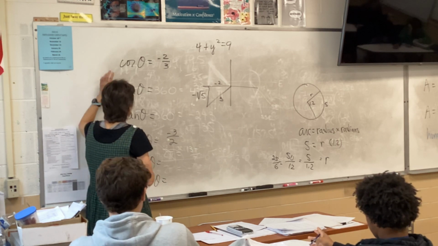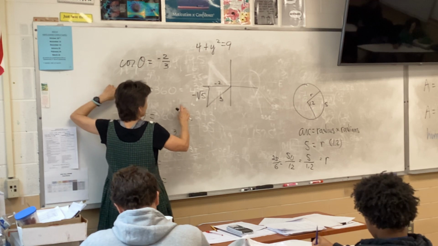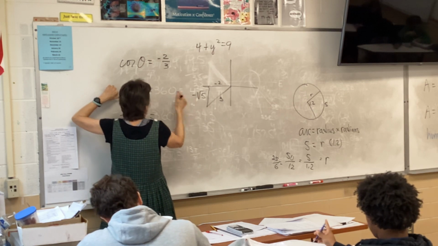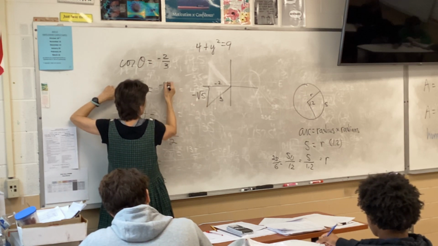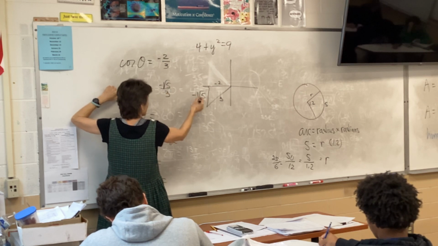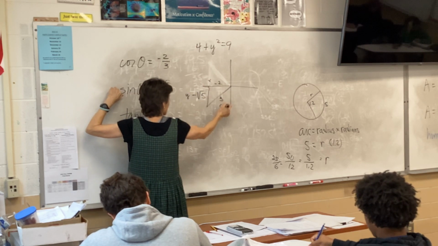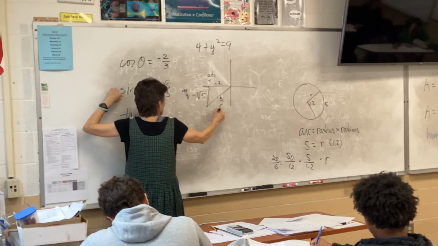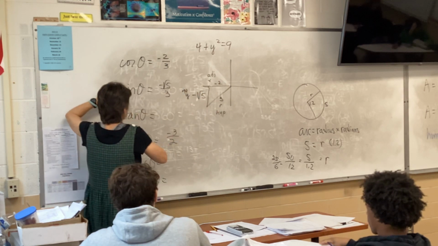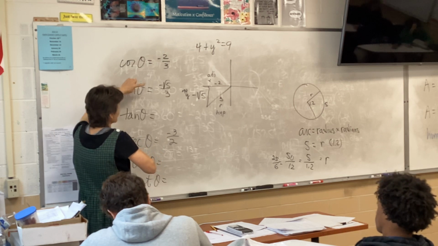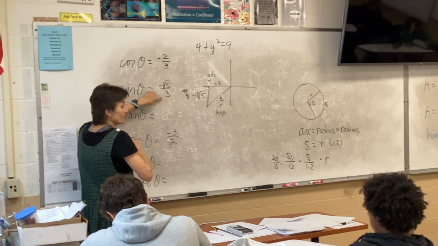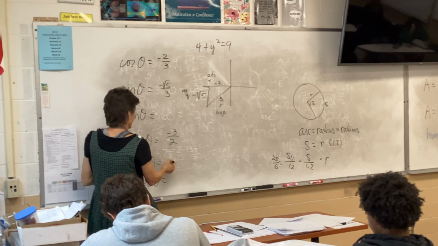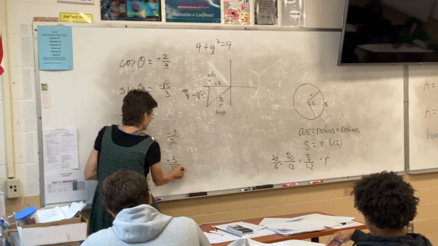Now I can fill it in. So what's the sine? The sine is y over r. So negative root 5 over 3. This is y, this is x, this is r. Or adjacent, opposite, hypotenuse, however you're thinking about it. If the sine is negative root 5 over 3, then the cosecant is negative 3 over root 5.